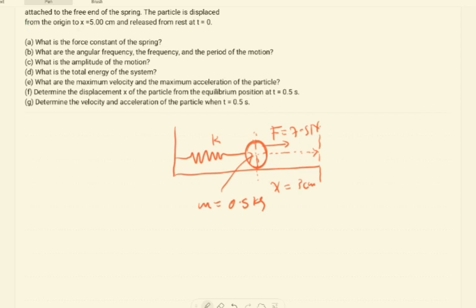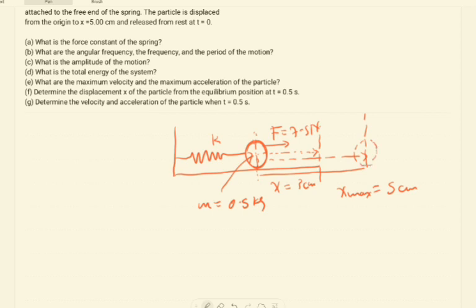So the harmonic motion starts from what? From X max, the maximum displacement of 5 centimeter. So let's say this is the maximum displacement from which the ball is released.